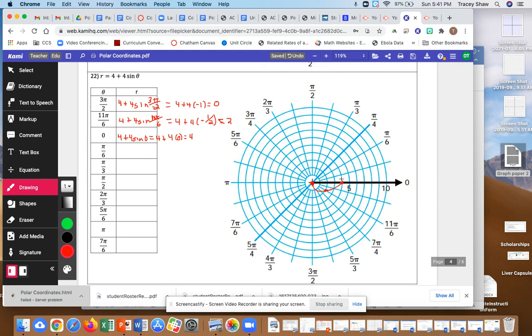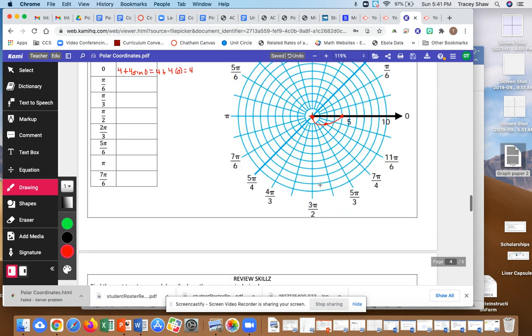Okay, so this is the way my curve is going so far. And I'm just going to keep filling these out. If I get something that's got a square root in it, just put it in the calculator and see what the decimal equivalent is. And make sure you connect in the right order and curve it as you go. Okay? Good luck.